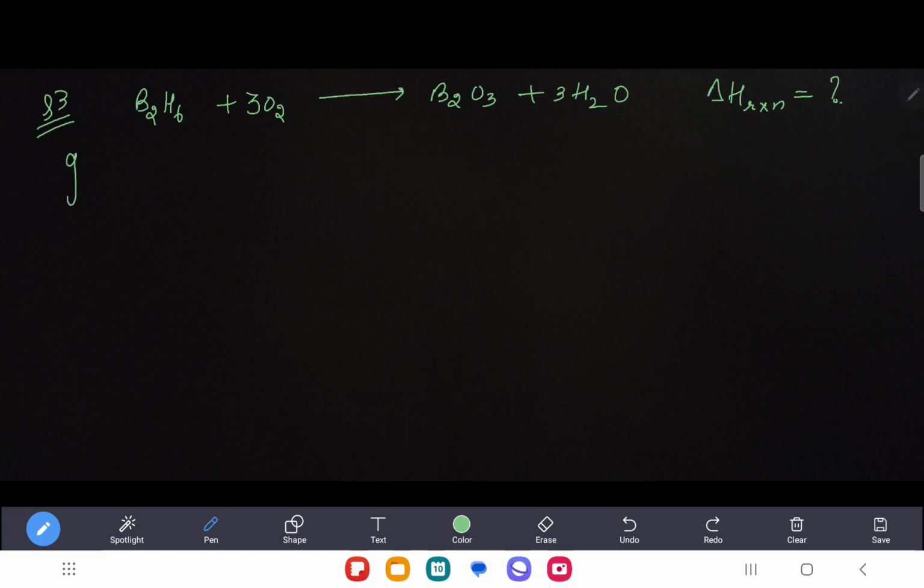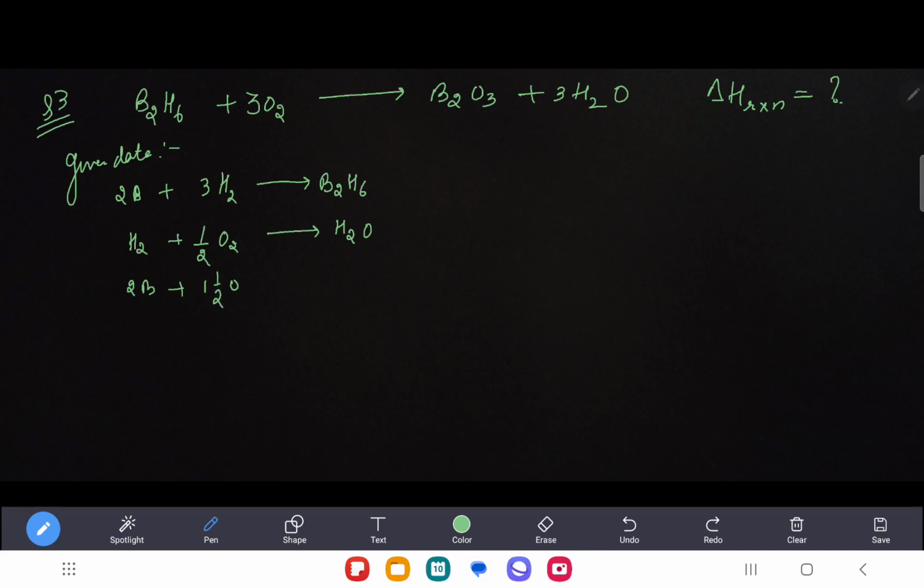What is the given data? The given data for me is this. It says 2B plus 3H2 gives me B2H6, and H2 plus half O2 gives me H2O, and 2B plus 1.5 O2 shall give me B2O3.